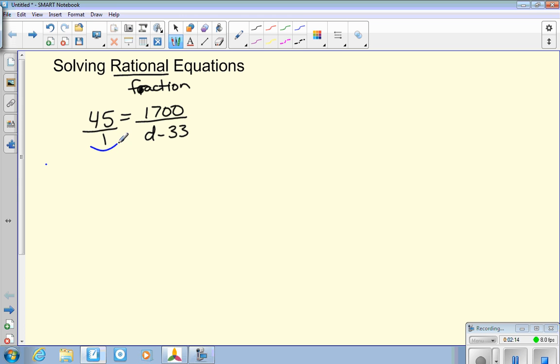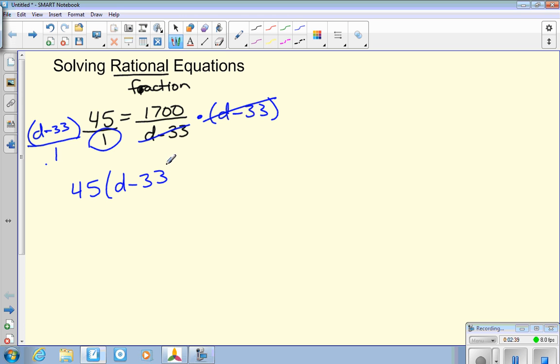We want this denominator to look like d minus 33, so we're going to multiply both sides by d minus 33. The d minus 33s will cancel on the right-hand side, and because the left is also over 1, we're left with just 45 times d minus 33 equals 1700.